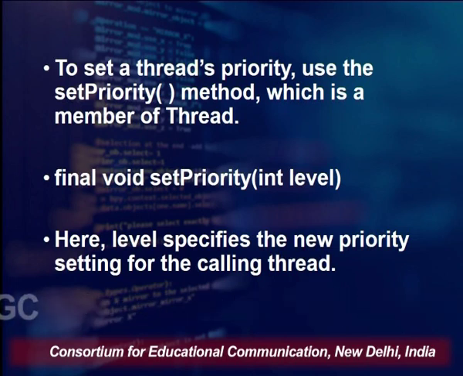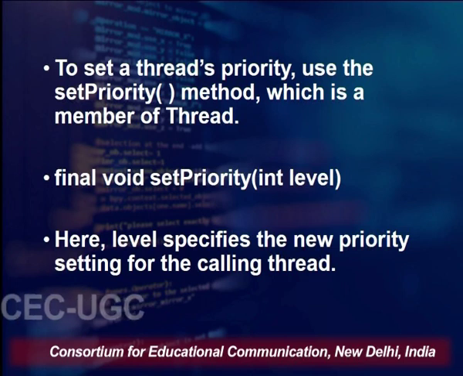Now priority, as I told you, is going to be a number. Typically this number is between 1 and 10, where 1 has a different meaning and the higher numbers have different meanings. I am coming to that. Now how are we going to set the priority of the thread? We have a very simple method to set the priority, the setPriority method, which is a member of, yes, you guessed right, the Thread class.